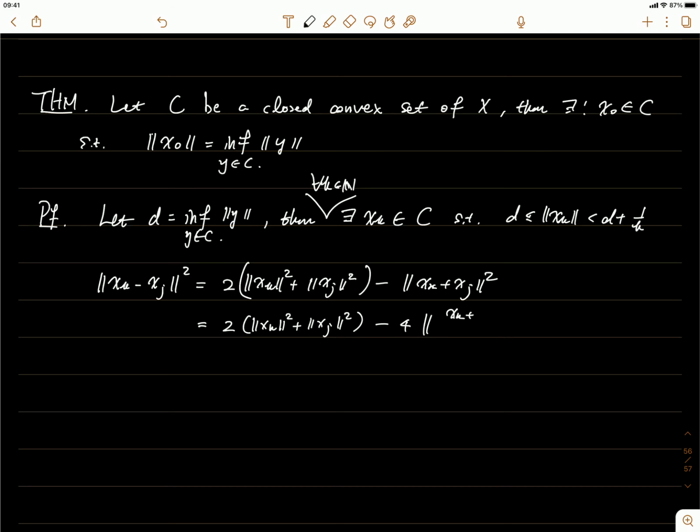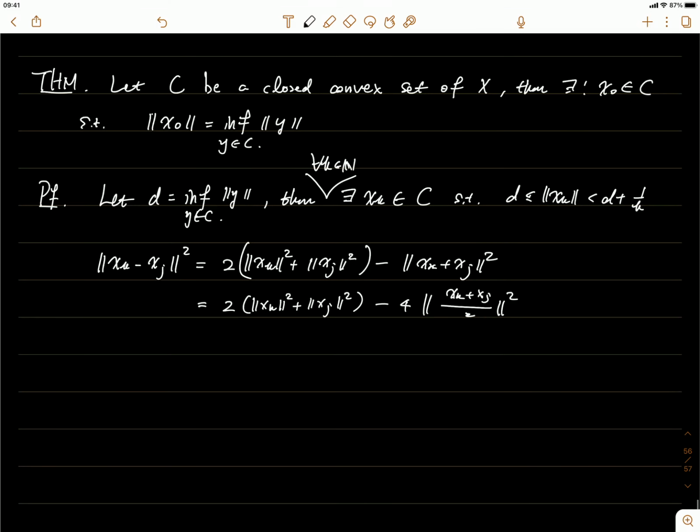This is the norm of (xk plus xj) over 2, squared. And why I'm doing this is that I can see this term will be in C because C is convex. Since xk and xj are in C, this is a convex combination of them. It's actually the midpoint between them. It's still in C since C is convex.